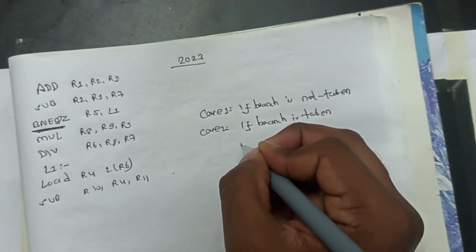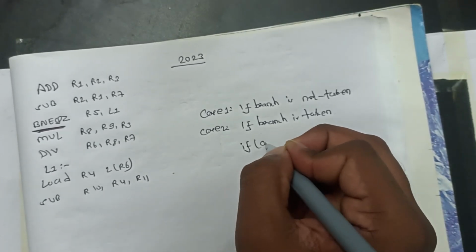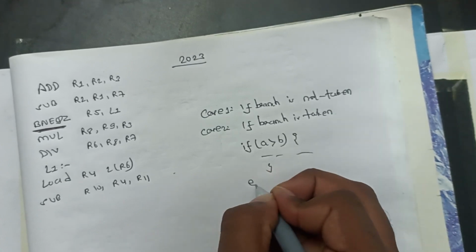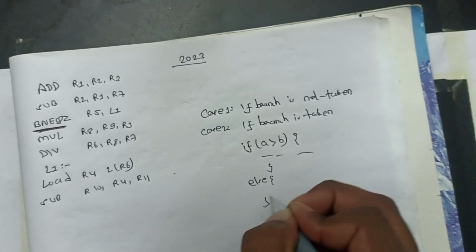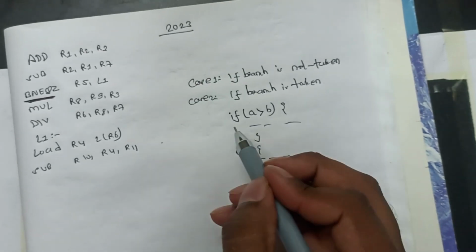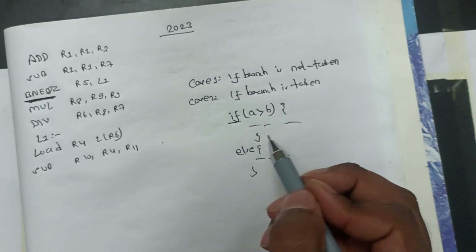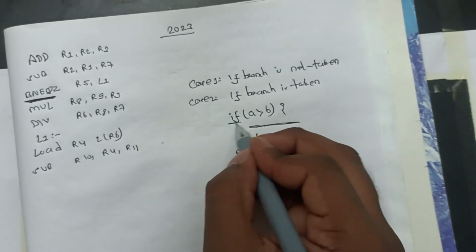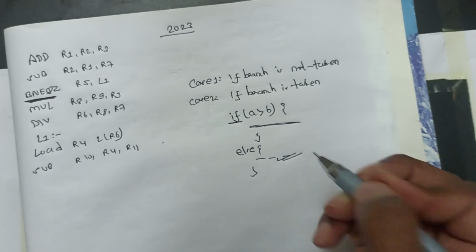Suppose in programming, if A is greater than B, then there is some statement, then there is the else part, then there is some other statement. If this condition is true, then this statement is going to happen, but if this condition fails, then the else statement is going to happen.